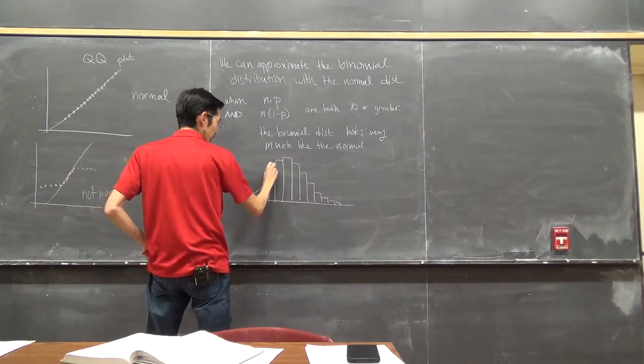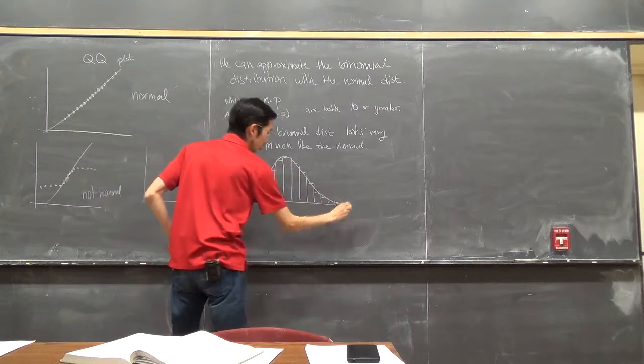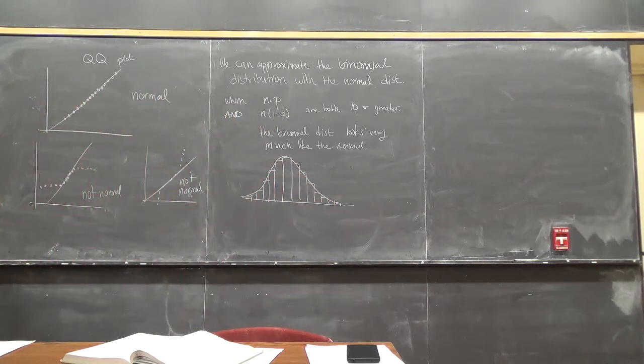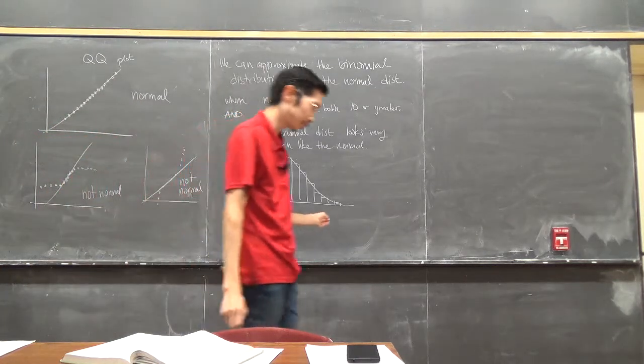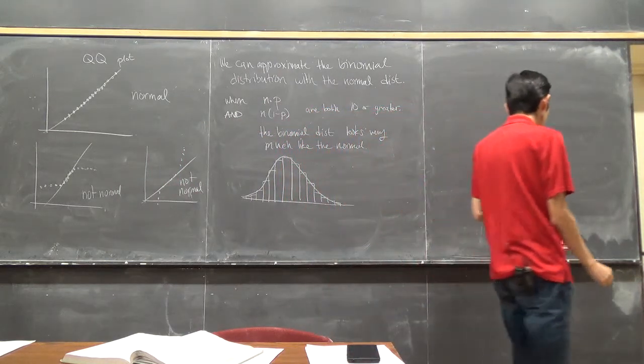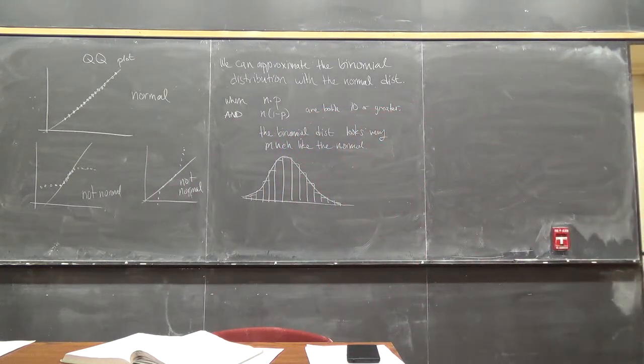And that looks a lot like the normal distribution. So the binomial distribution is discrete, but the shape ends up looking unimodal and symmetric, and looks very much like the normal distribution.